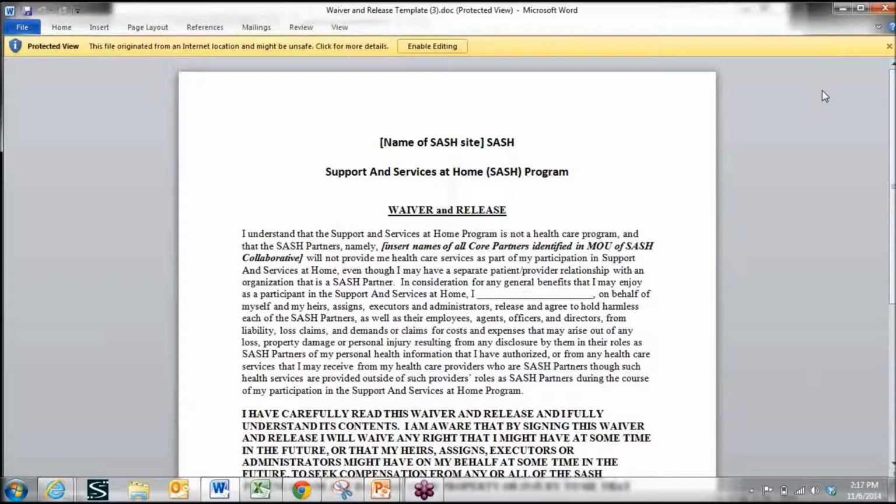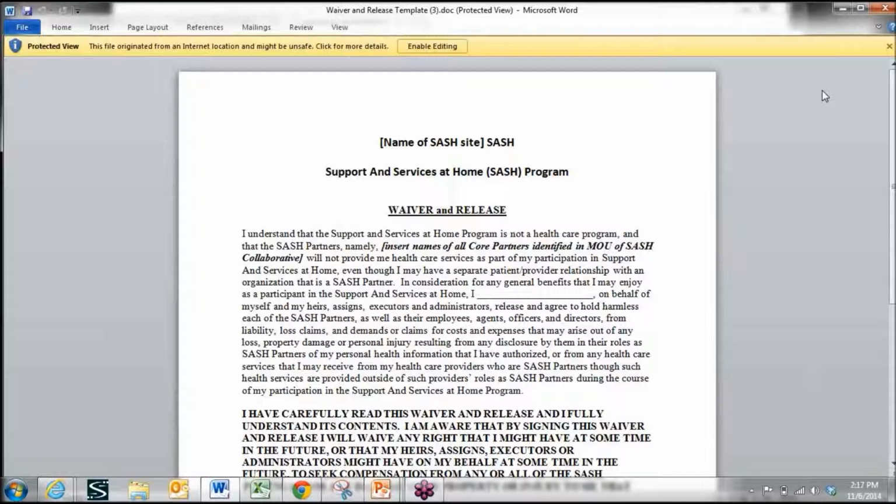The fact that the SASH coordinator who works for a housing organization actually suggested to the participant that they get a physical therapist doesn't mean that housing organization should be held liable for damages the participant may be able to prove were caused by the physical therapy. The Area Agency on Aging, just because they're part of the SASH partnership and part of that discussion about suggesting physical therapists, shouldn't be held liable for damages that the physical therapist may have caused.